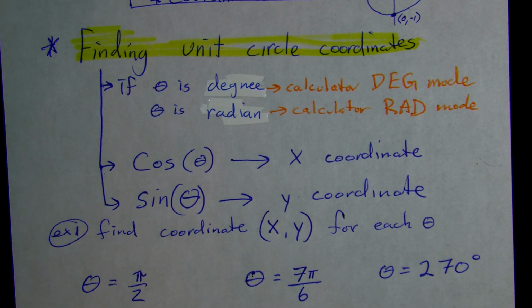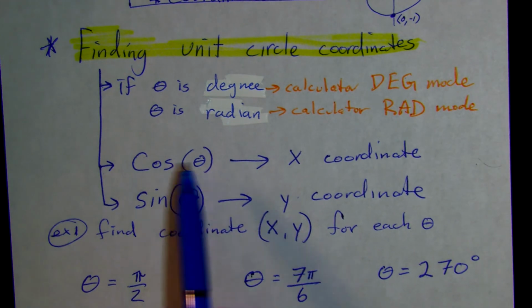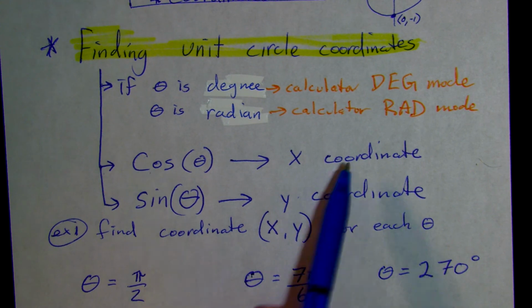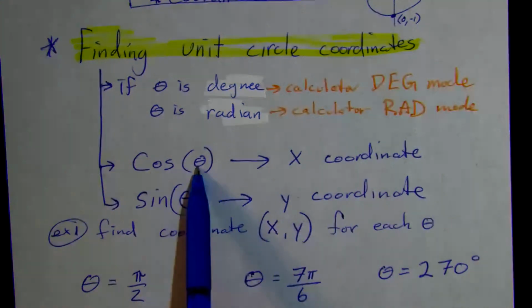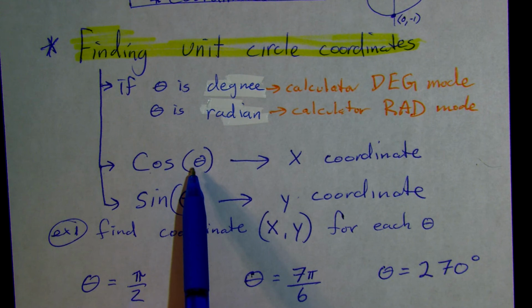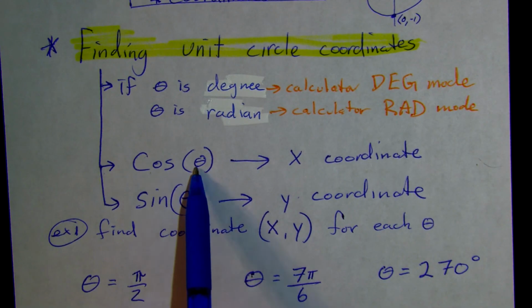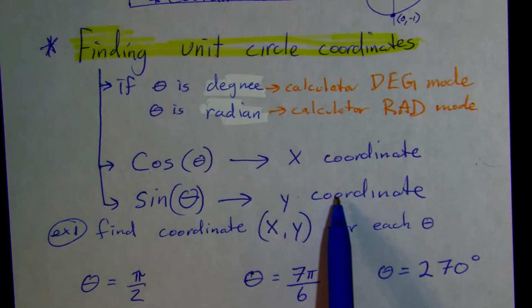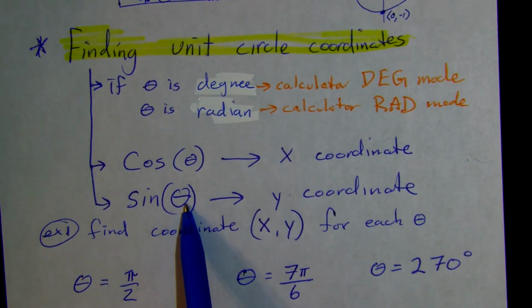The trig functions are relating the sides of a triangle. And when we're using a unit circle, you're going to see on Tuesday that cosine is going to give us our x coordinates for any theta that we want. Any theta that you can give me, I could find the x coordinate by plugging in cosine of theta. I could find the y coordinate by plugging in sine of theta.